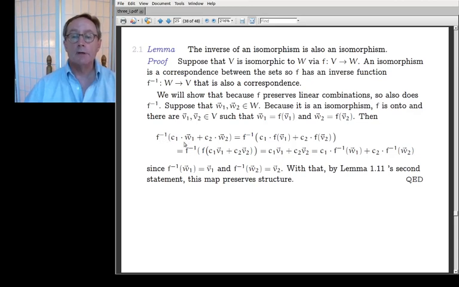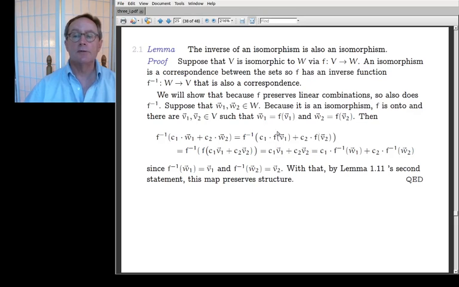To take F inverse of this linear combination, note that these are W's because F inverse starts in capital W. The first thing I did was rewrite W1 as F of V1 and W2 as F of V2. An isomorphism is a correspondence. So if you start with W1, there's exactly one V1 that F takes to W1, and there's exactly one V2 that F takes to W2, so I just wrote those in.